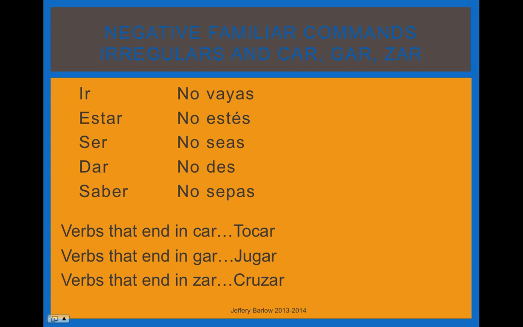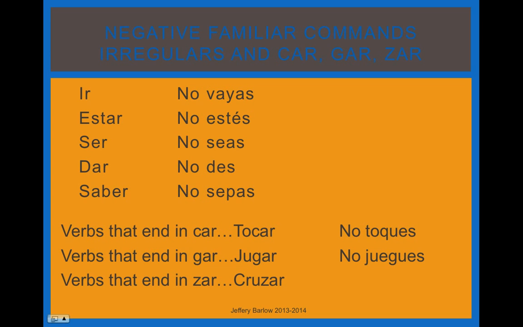To solve this issue, tocar and any verb that ends in CAR needs to end in QUES. No toques preserves the hard C sound of the C in the infinitive, tocar. Verbs that end in gar need to end in GUES. No juegues preserves the sound of the G in the infinitive.